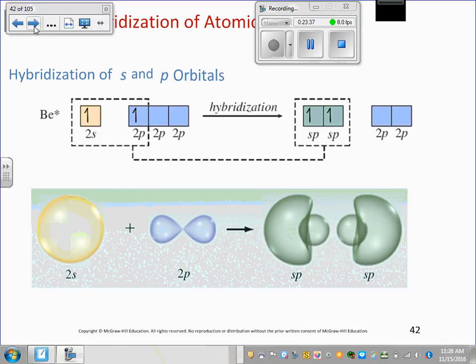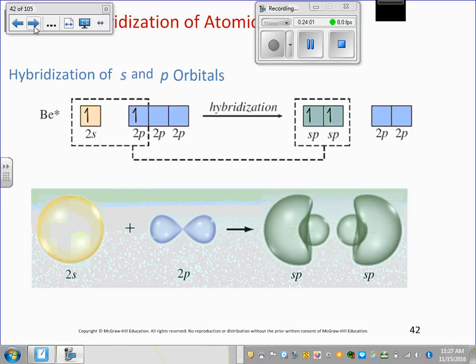So what we do, and they don't really show this here, is we promote one of these electrons to here. That's what that little asterisk means. We've promoted an electron. We've taken it from the 2s orbital, excited it, moved it up into the 2p. So now we have 2 unpaired electrons.